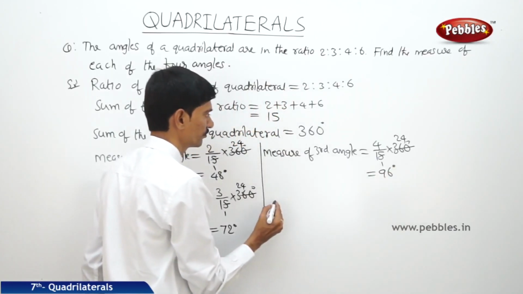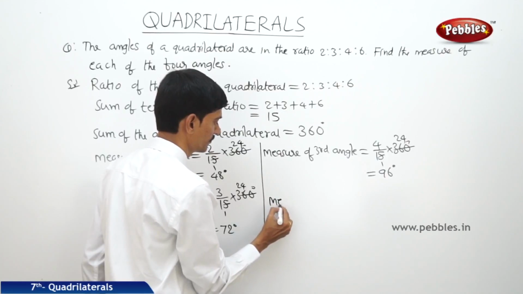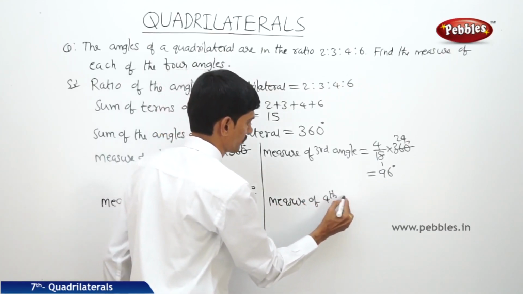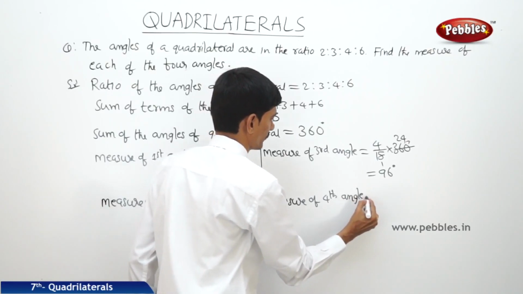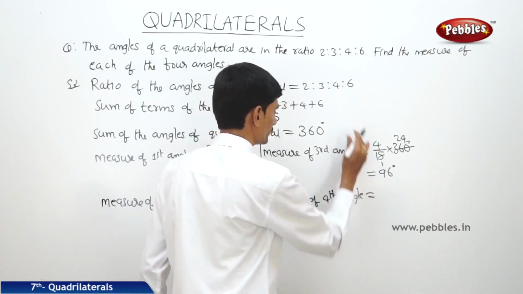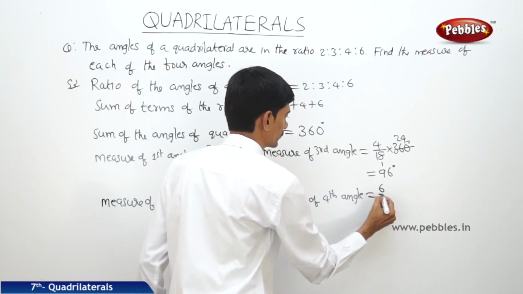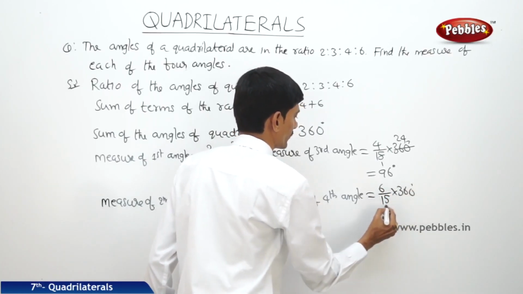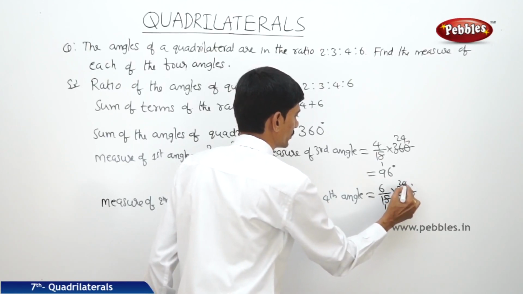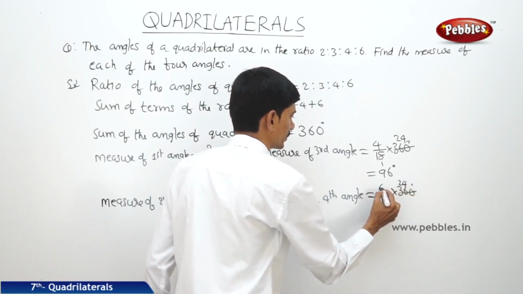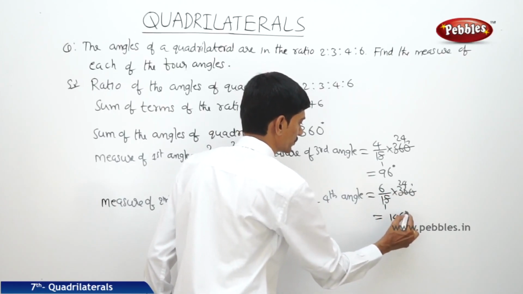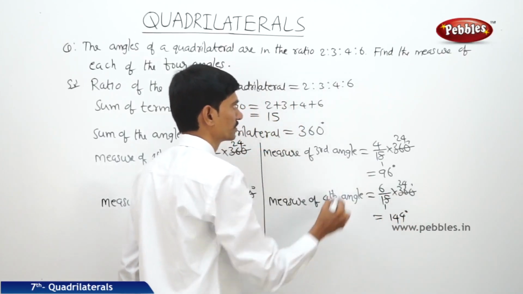The measure of the fourth angle equals 6 by 15 into 360 degrees. 15 1s are 15, 24 6s are 144 degrees.